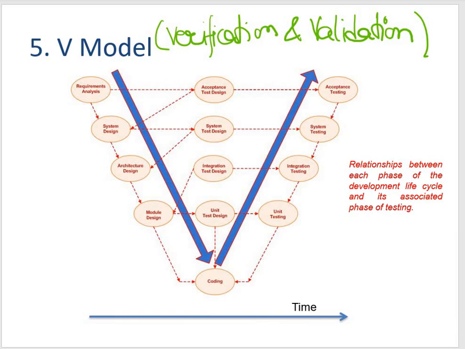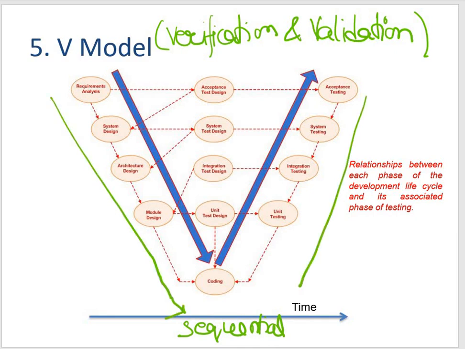So this V model is also known as your verification and validation model. This is an SDLC model where execution of the process happens in a sequential manner, in a V shape.